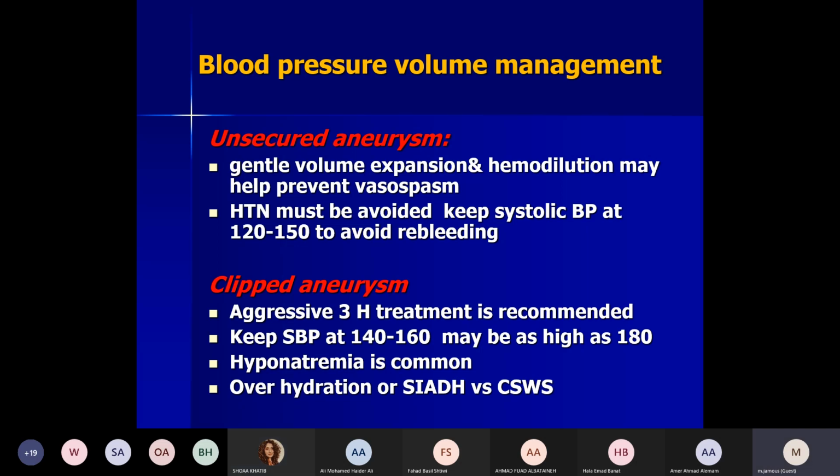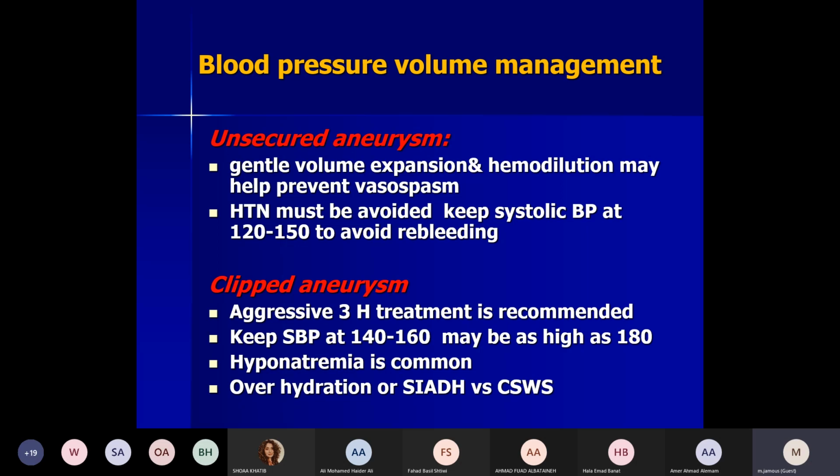We will talk now about the most important issue in the management of those patients, which is to prevent rebleeding. Those patients after the initial bleed are at higher risk for rebleeding, because after the aneurysm bleeds and the bleeding stops, there is another risk for rebleeding and re-rupture of the aneurysm.